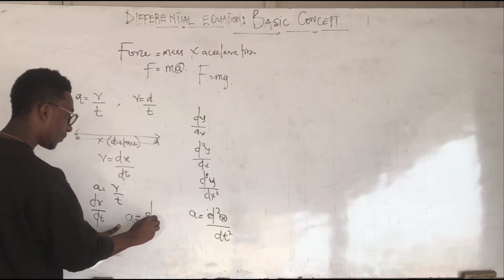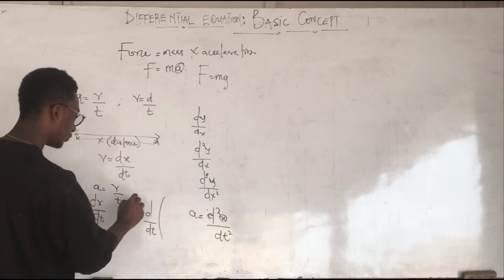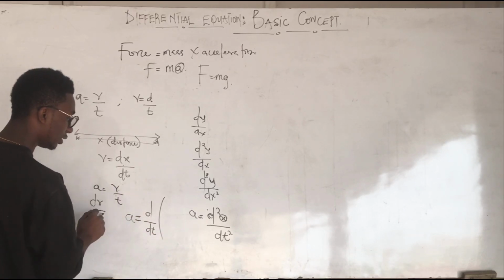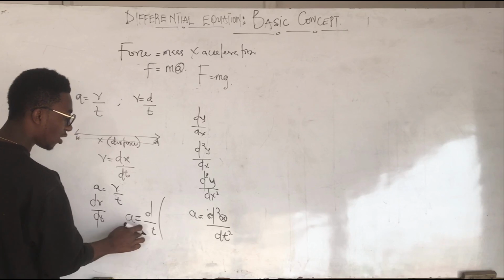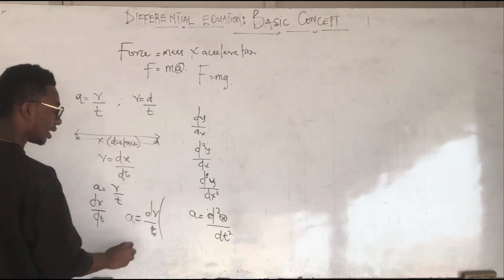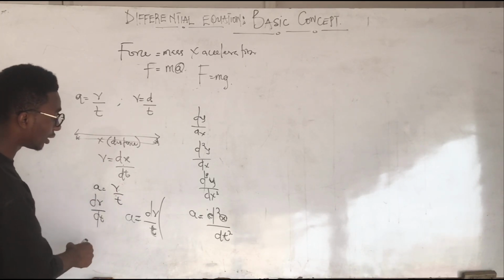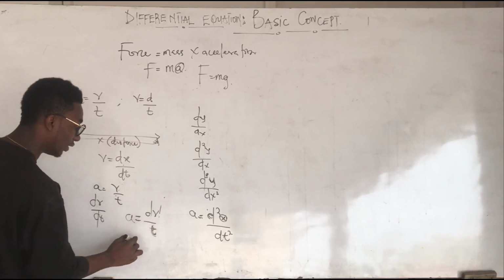So that will be d over dt times the velocity. So now it's the derivative of v with respect to t. And what is v here?